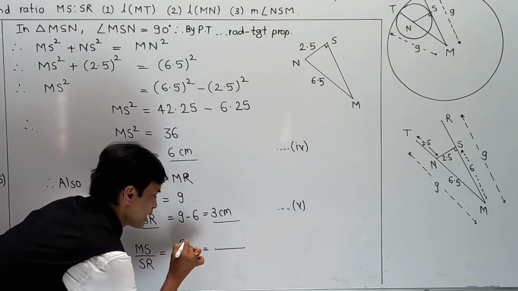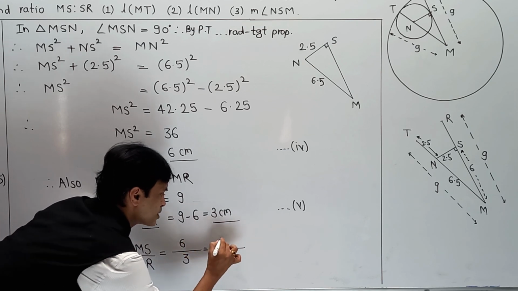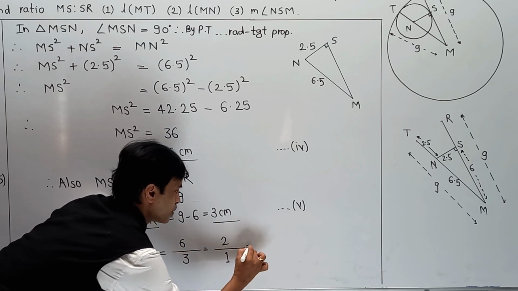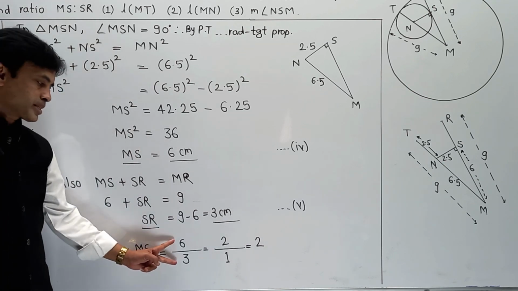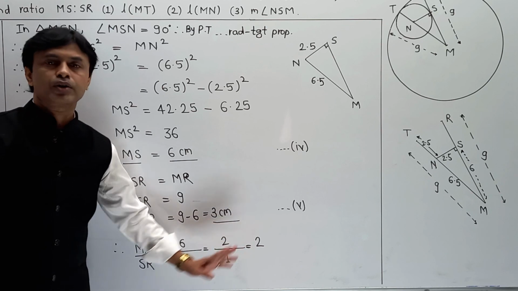So 6 upon 3, and simplification, 3 ones are 3, 3 twos are 6, so it becomes 2 upon 1, or you can say 2.